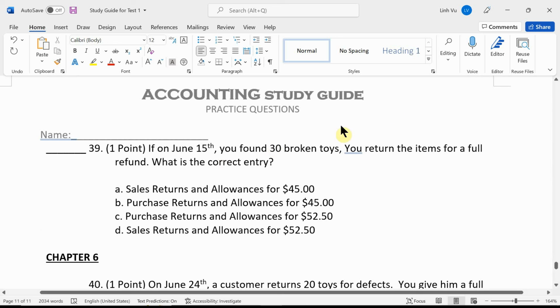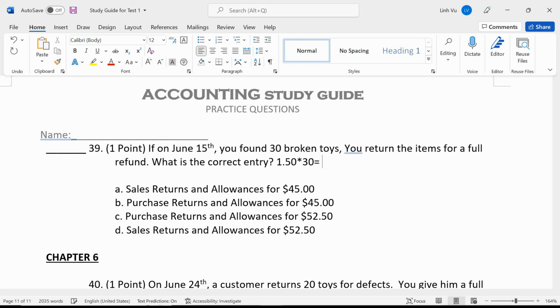We got the returns on the purchase. Good. So $1.50 times 30 is $45. So it's B as boy. Okay, so in this case, June 15 was that purchase of the 300 units at $1.50. We can only return the original purchase price again.